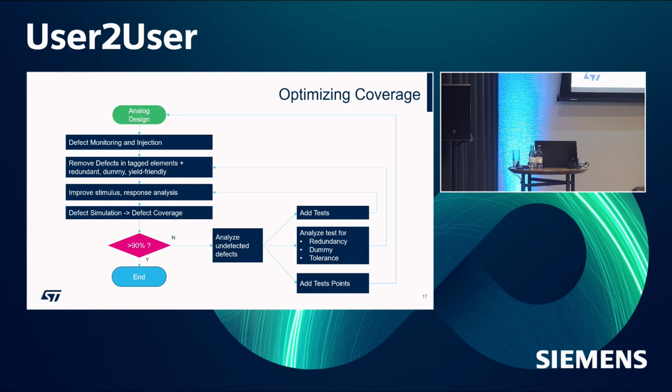Starting from the analog design, the goal, for example, is to reach more than 90% analog coverage. You exercise the tool the first time, and you gain the logging from the tool. Then, if you succeeded, yes, the goal is reached. Otherwise, you can analyze undetected defects to maybe add some tests.